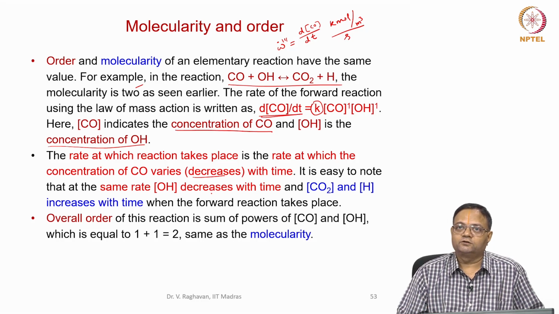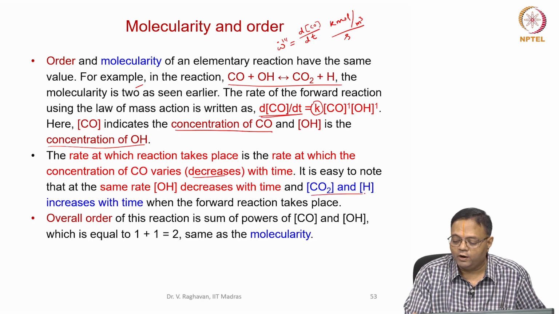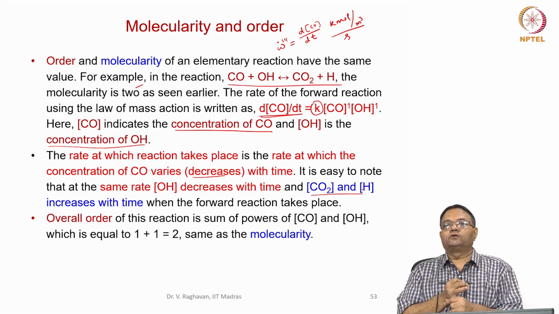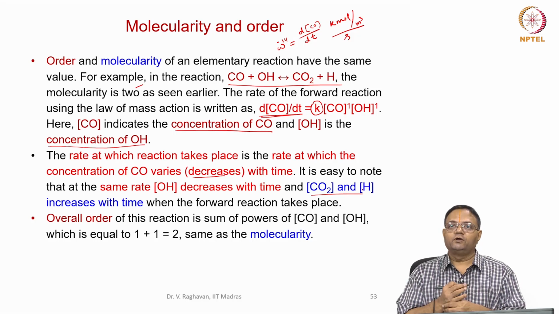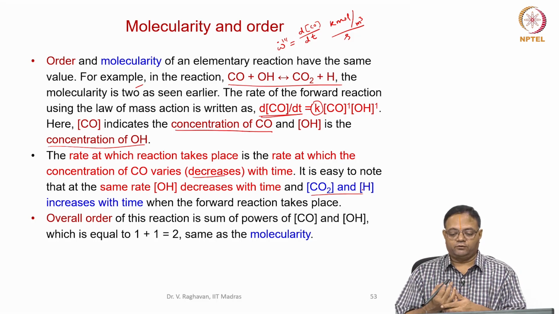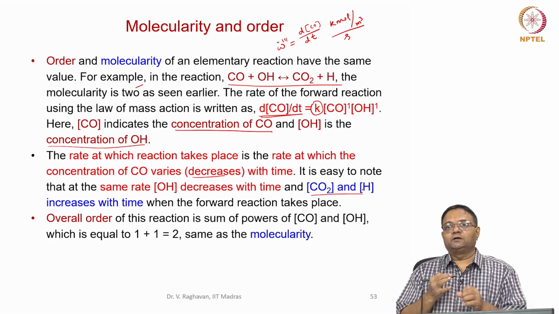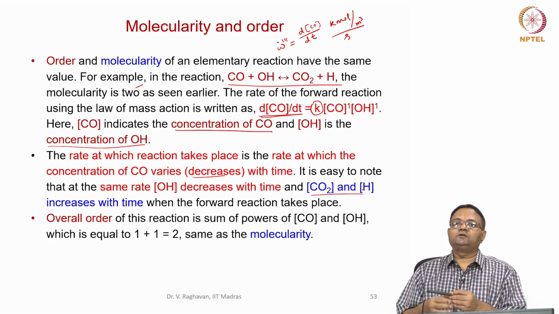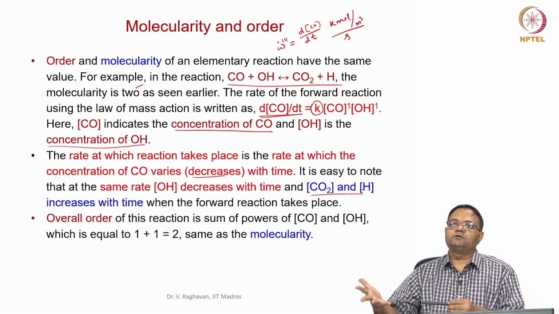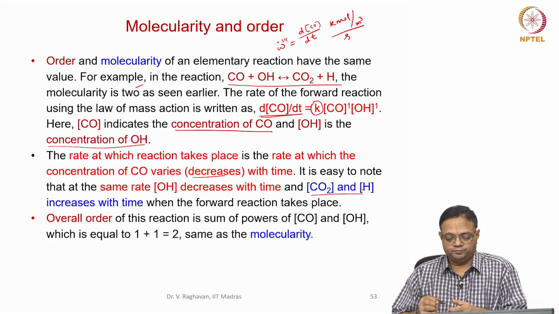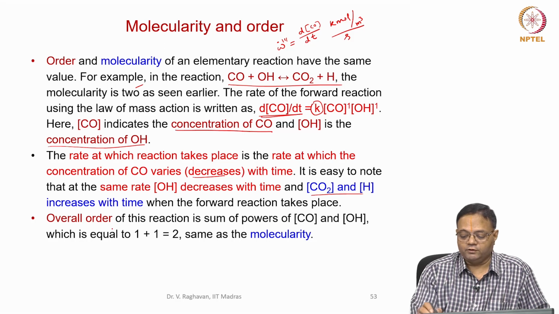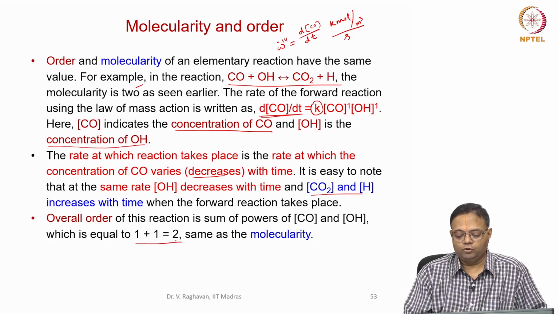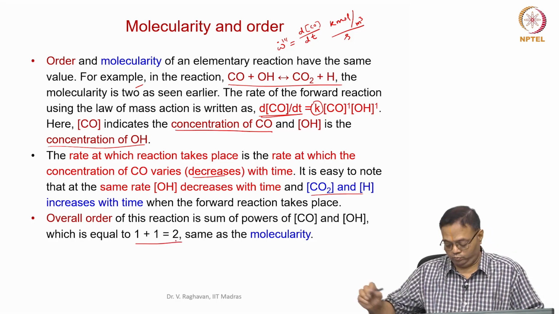Now, coming to the product side, at the same rate CO2 and H also should increase. The concentration of CO2 and H also should increase. So, that means the reaction should be coupled, correct. So, we can say that when the forward reaction takes place, the rate at which the reactants deplete will be the rate at which the products are formed. Now, coming to the overall order, as I told you, the overall order is 2, molecularity is also 2.